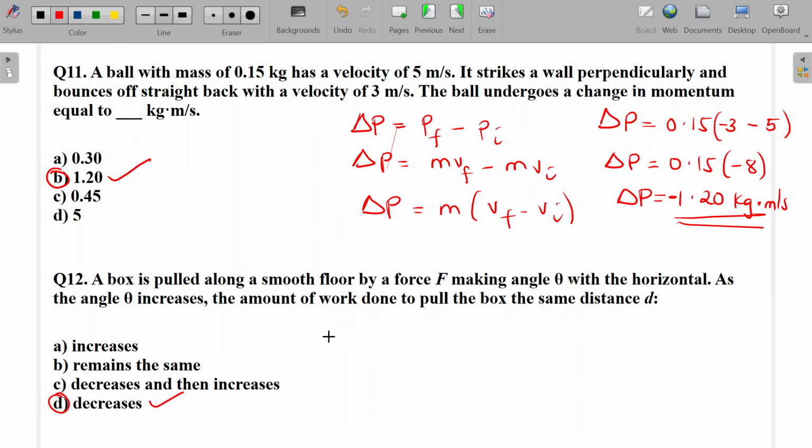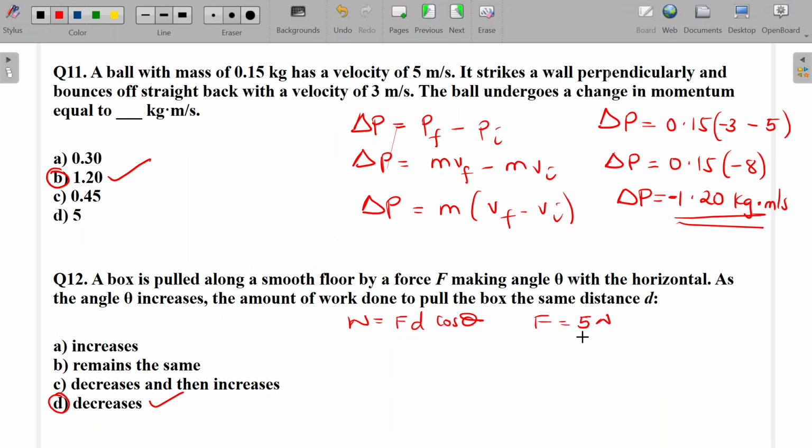Decreases. Okay. So you can just test this one. You know that work is equal to force times distance times cos theta. Let us assume that our force is equal to 5 newtons.